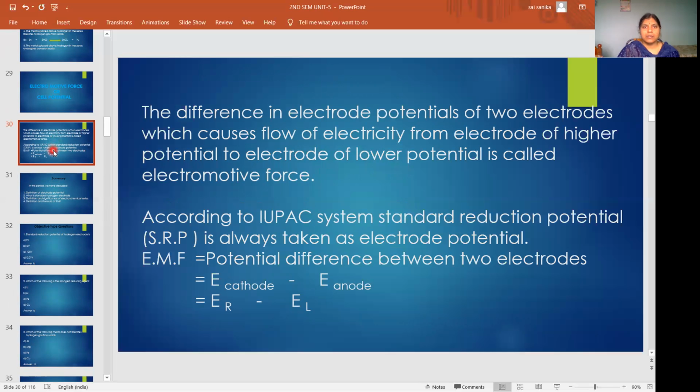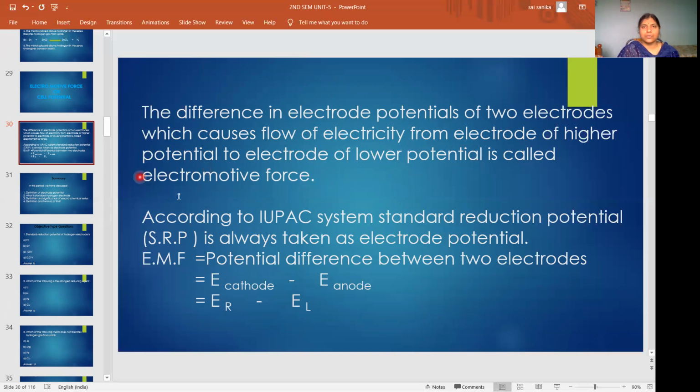So what is EMF? The difference in electrode potentials of two electrodes, which causes flow of electricity from the electrode of higher potential to the electrode of lower potential, is called electromotive force.